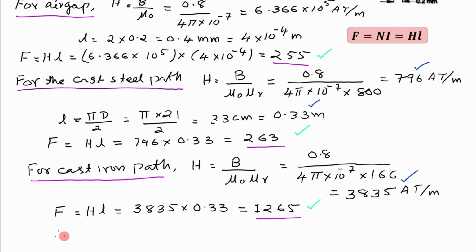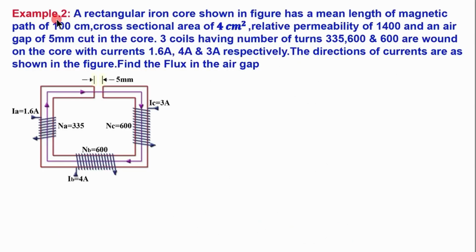That is 255 plus 263 plus 1265, which is equal to 1783.